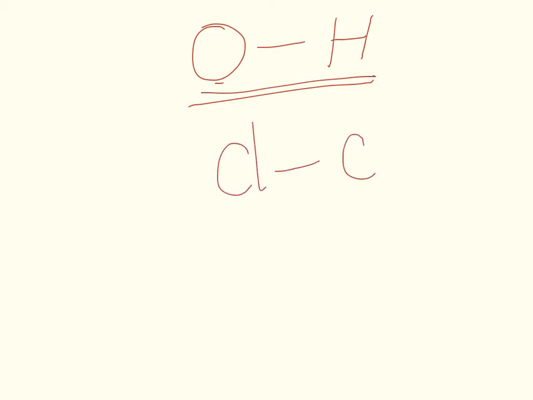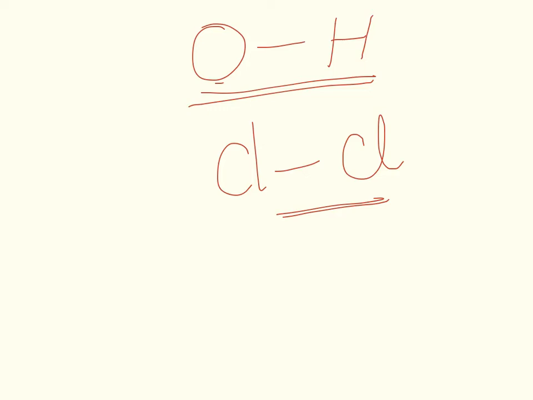So we know about polarity in bonds. For example, if we look at a bond like this, O-H, we know that it's a polar bond because oxygen is highly electronegative compared to hydrogen. If we see a bond that looks like this, we know that it's a non-polar bond, or a pure covalent bond.